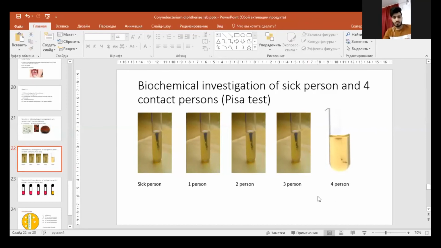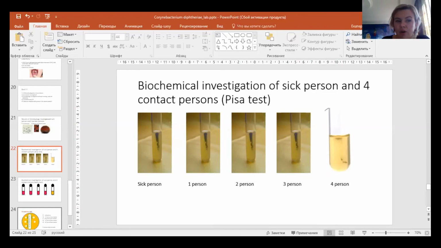We can detect the presence of urease here because we can see black color along the inoculation. And the fourth person is negative for the Pisu test. Not seen, negative.